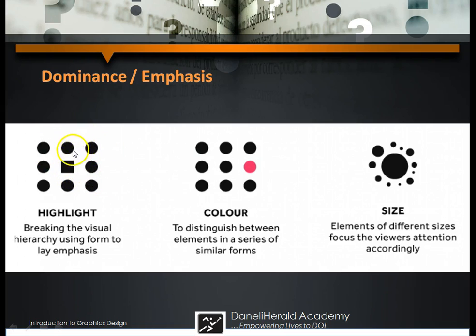If you keep all of them in the same shape, you will lose the sense of highlight and the sense of emphasis that you want to create. So sometimes you use a shape that is different from the others, in order to draw specific attention to what you want to emphasize.